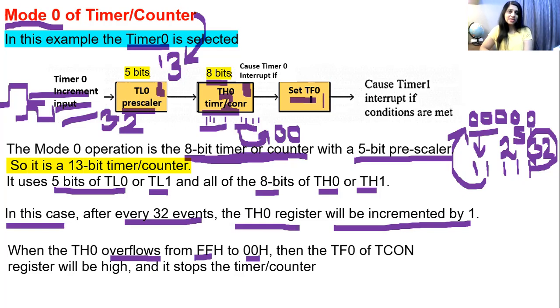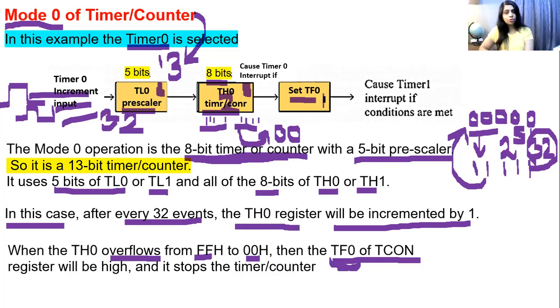Now where is this TF0 flag? This TF0 flag is available in the timer control register. The timer control register is another special function register of the 8051 microcontroller. We are going to learn this in coming videos. So what is TCON? TCON is a timer control register in which there is one flag, the TF0 flag, the timer 0 flag.